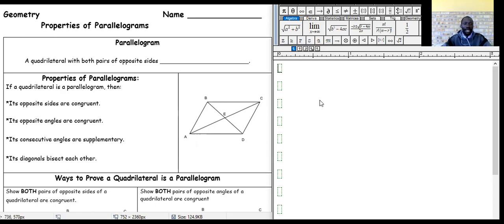We could say AD equals BC, and AB also equals DC. That is the meaning of the first statement, which is that opposite sides are congruent. They have the same value in length.